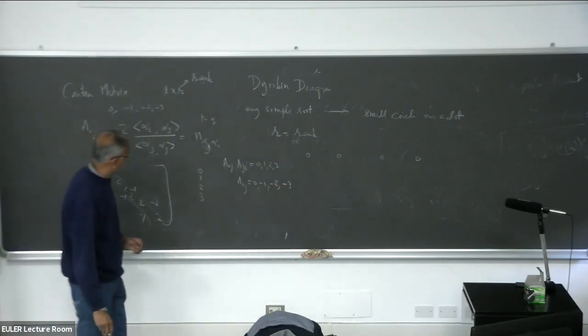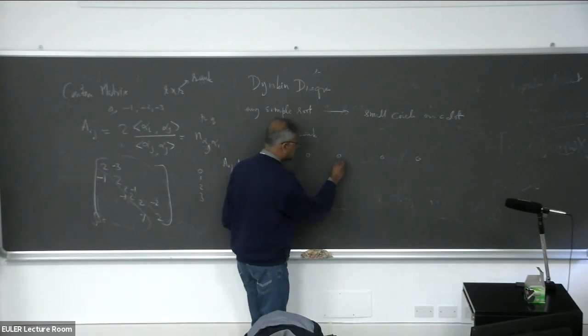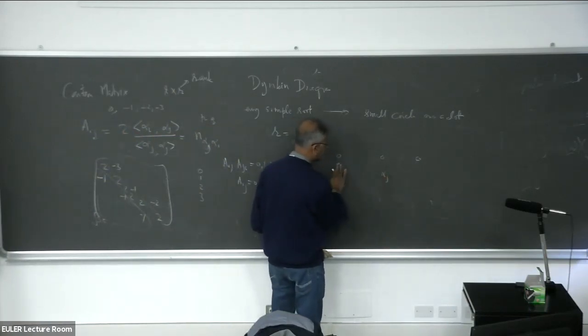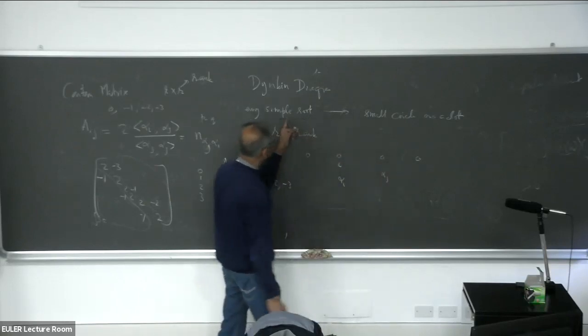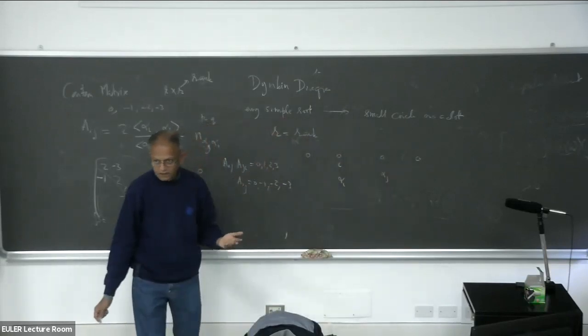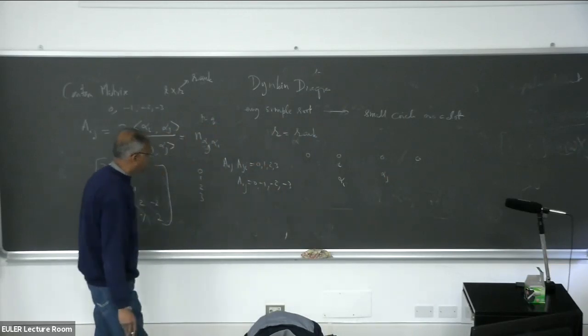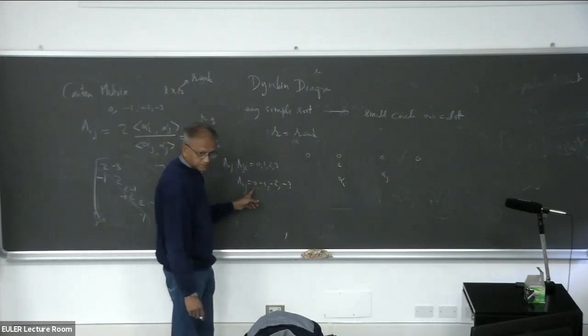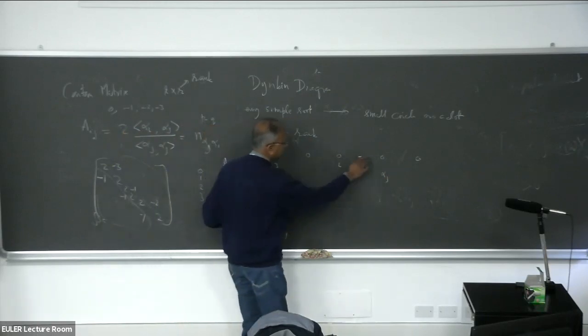So let's say this is the ith dot, which represents alpha I, and this represents alpha j. Each of these dots represents some simple root. Suppose Aij was 0. Then these two are not connected.